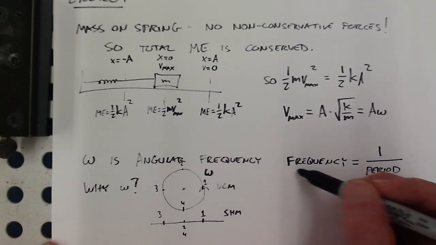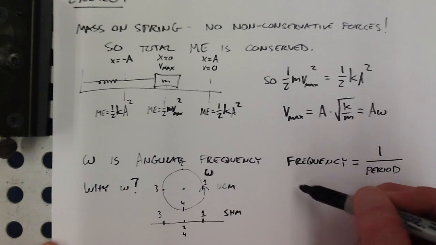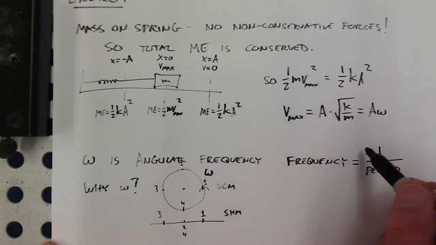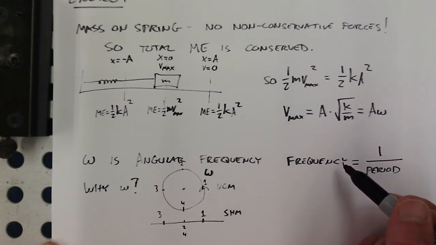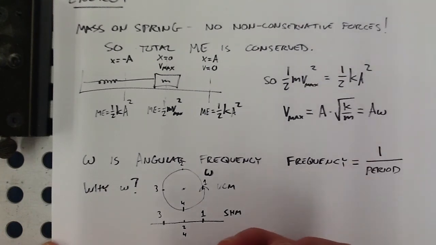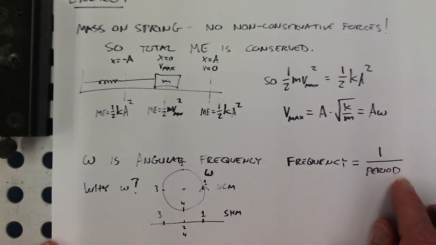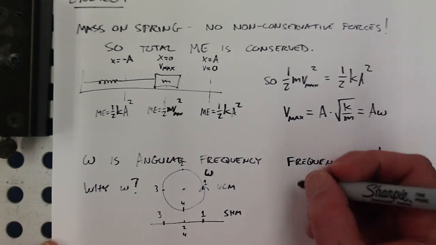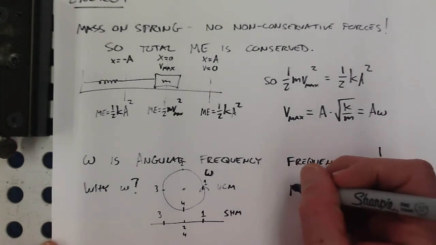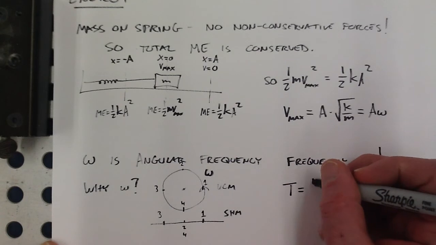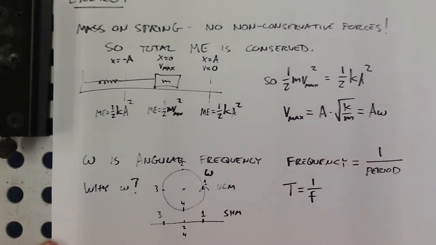So what's the frequency of the Earth going around the Sun? Once per 365 days. What's the period? 365 days. They're just the opposite, upside down of each other. So symbolically, I think on your equation sheet from the College Board, it's going to look like that.